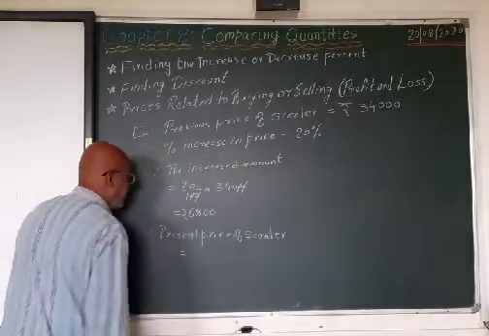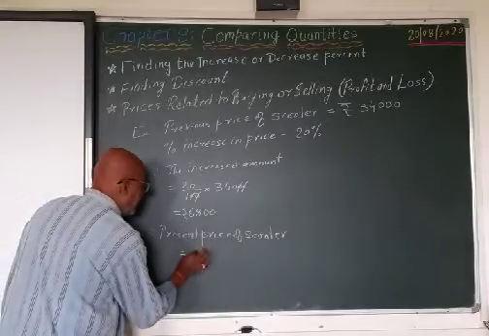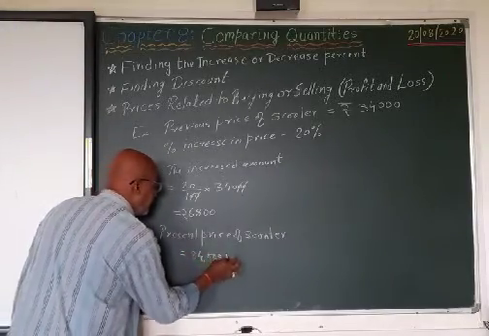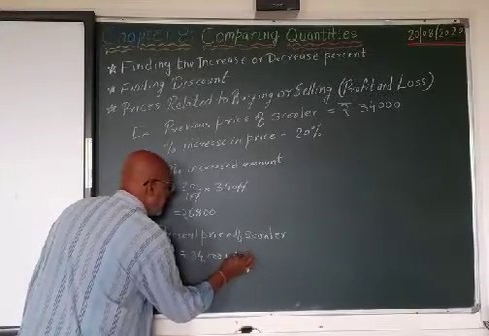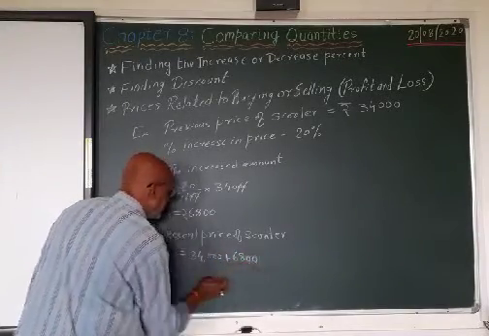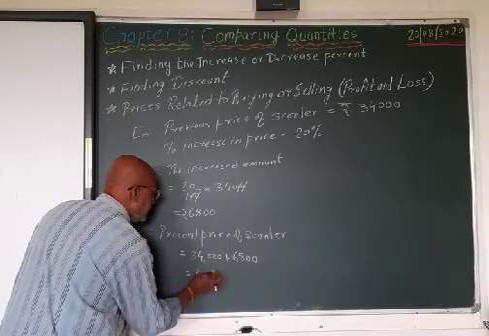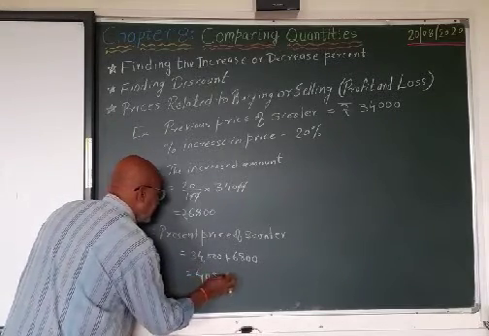equal to 34,000 plus 6,800 equal to 40,800.